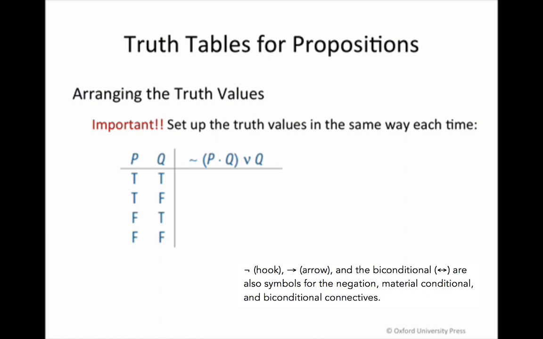Now, how do we go about building our truth values? Well, we start with our simple sentences, and we're going to work from the least complicated of our compound sentences up to the main connective. So in this case, let me show you what I'm talking about here. Okay, so we have three connectives, the negation or tilde, the conjunction or dot, and disjunction or wedge.